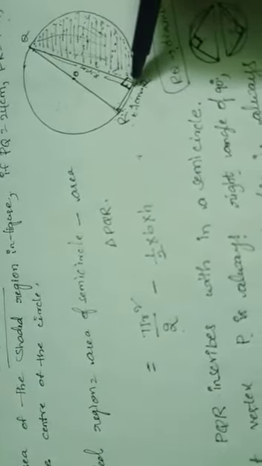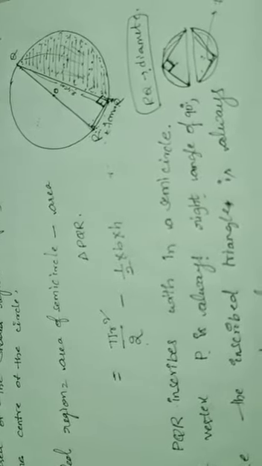Here PQ is the perpendicular. A perpendicular forms an angle with the base. So this is the perpendicular PQ. PQ is the height of the triangle. It forms a 90 degrees angle with base PR.